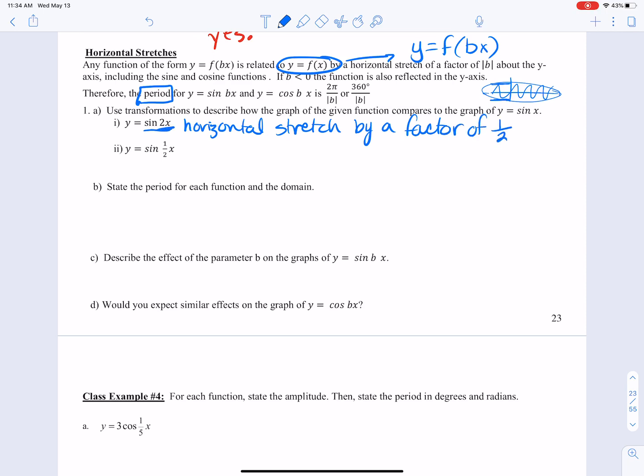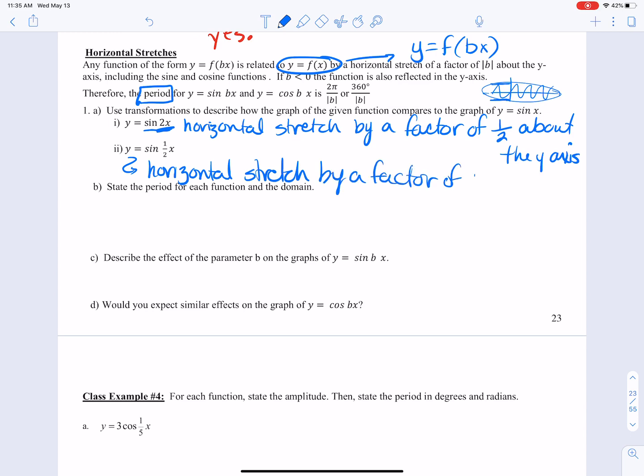Remember, with the horizontal stretches, it's the reciprocal about the y-axis. Here, we're going to have a horizontal stretch by a factor of 2 about the y-axis.